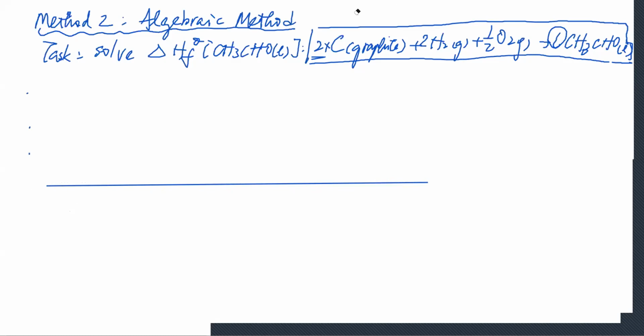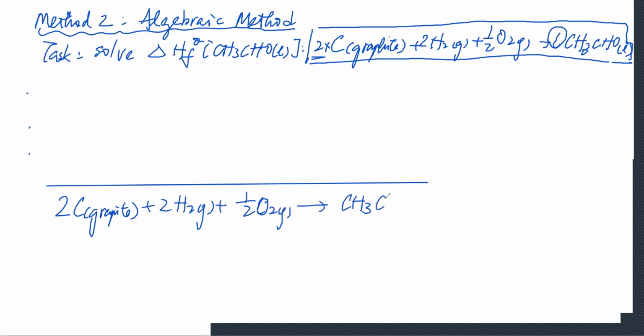Anyone who can try? This is the final equation I would like to have, ethanol. This is the one. So how to put that there?